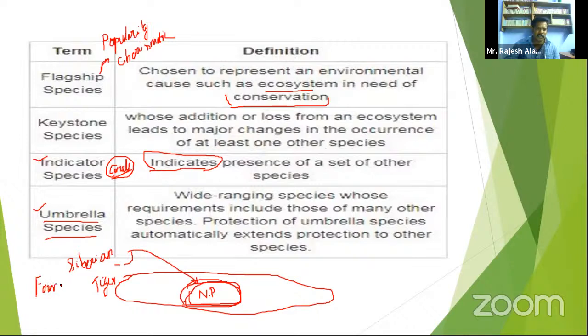Which is the producer mostly? They become the foundation species. Who are the producers? A set of other organisms are dependent on the presence of this organism. That is called a foundation species, right, sir?